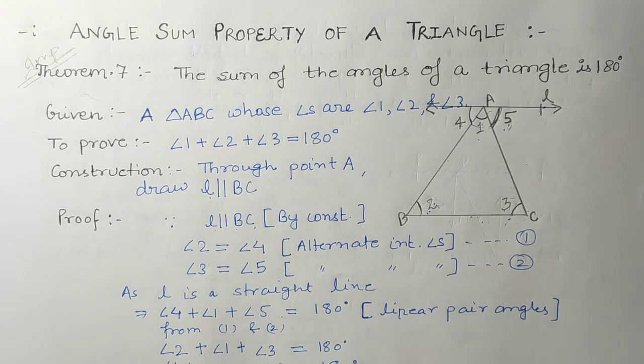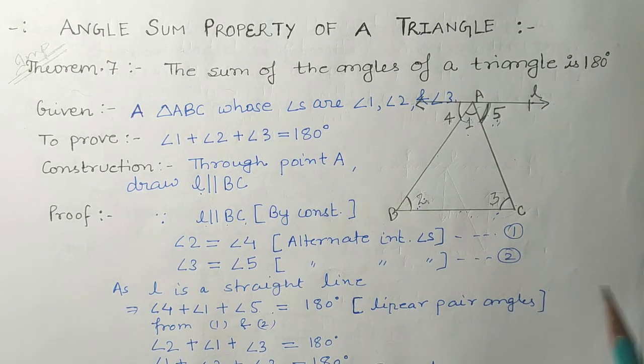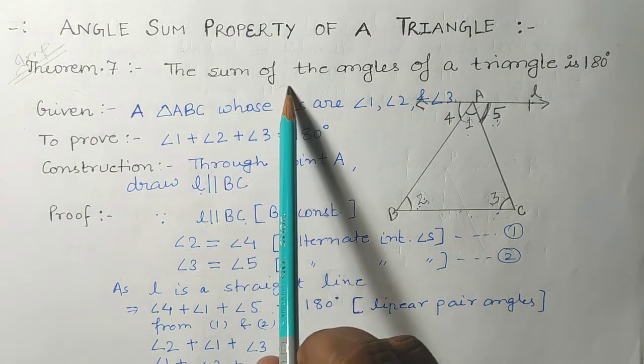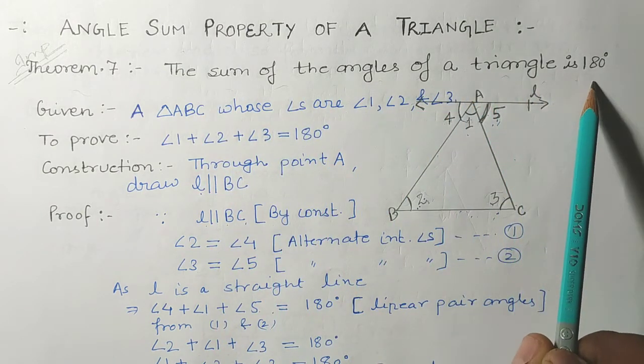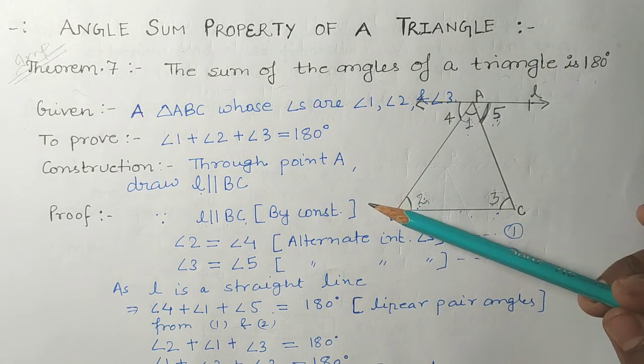There we have studied a topic, angle sum property of triangle. In this topic we have studied a theorem. The theorem is: the sum of the angles of a triangle is 180 degrees. There are three angles of a triangle, and the sum of all angles is 180 degrees, and we have proved it also.